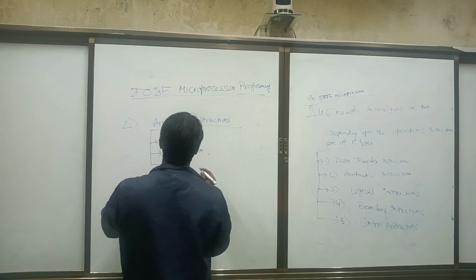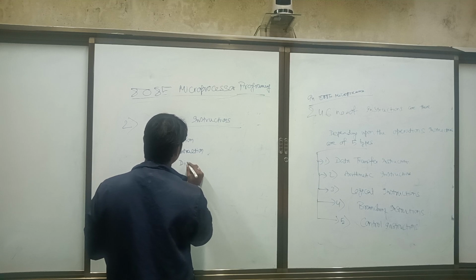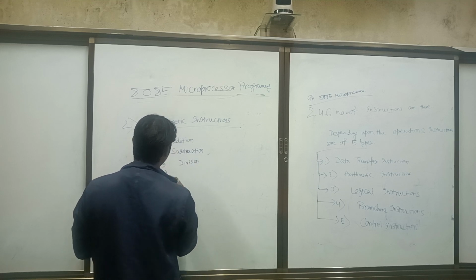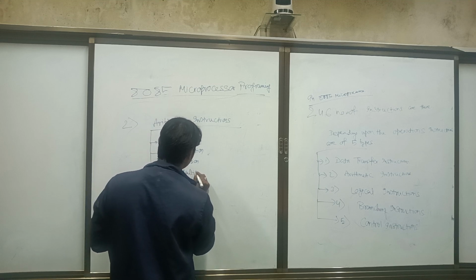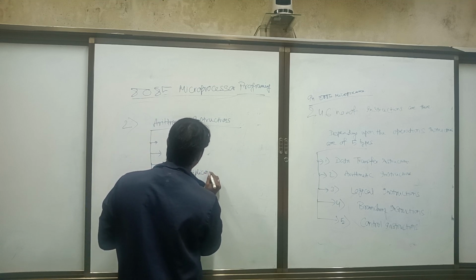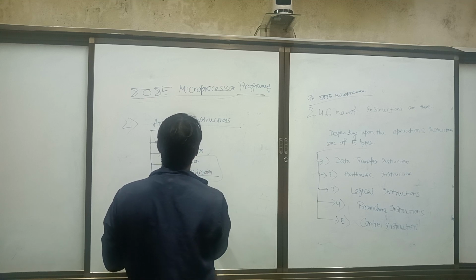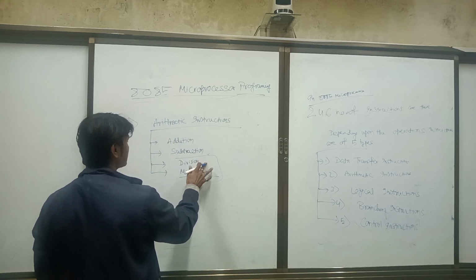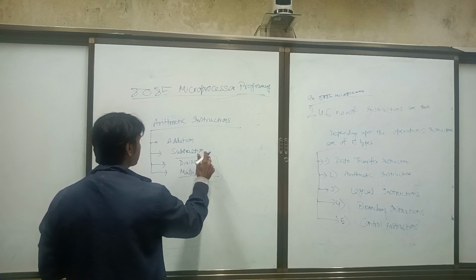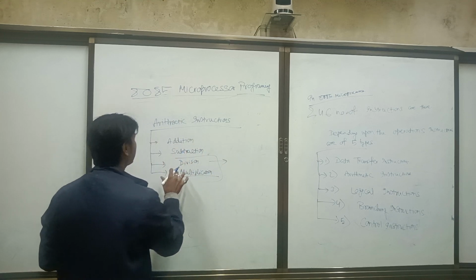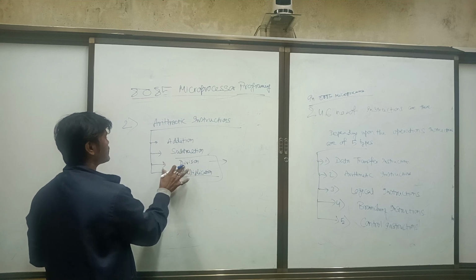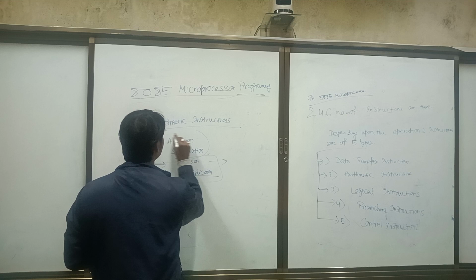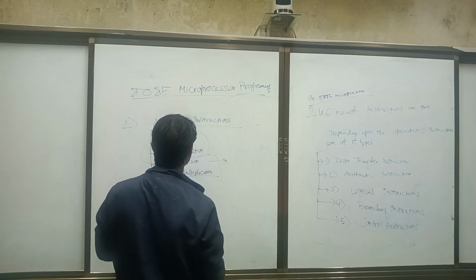There are no such direct instructions for division and multiplication. We can get division by repetitive subtraction, and multiplication by repetitive addition. So first we will focus on addition and subtraction.